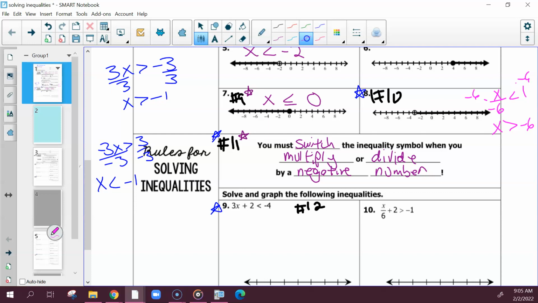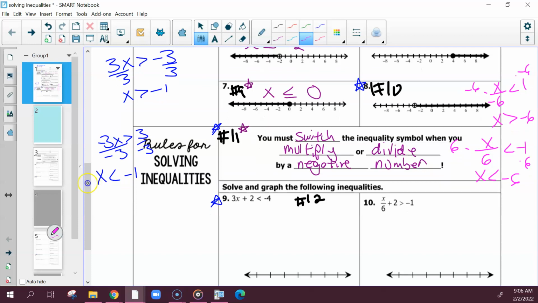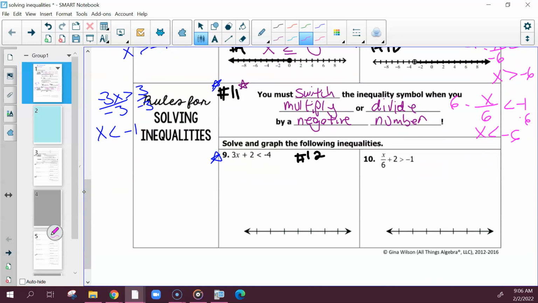But if it was similar to the other example I just did, where there's a negative on the other side, and I'm multiplying by just 6, that would not change the sign. So you actually have to multiply or divide by a negative number for the sign to change places. And remember to do that. Questions on that so far?